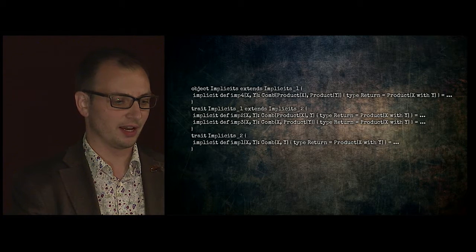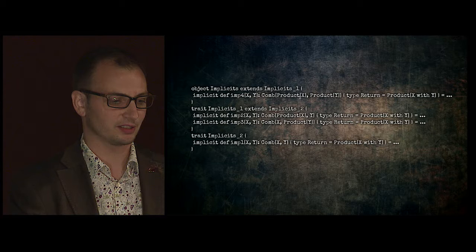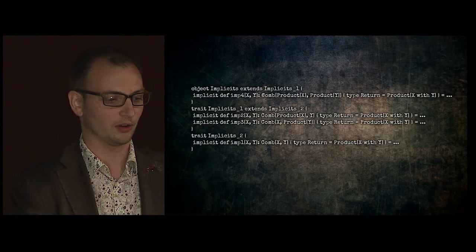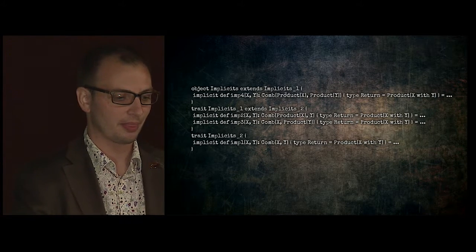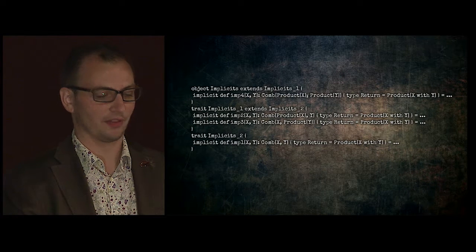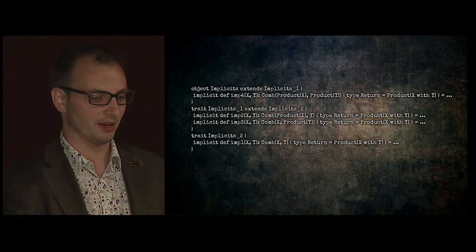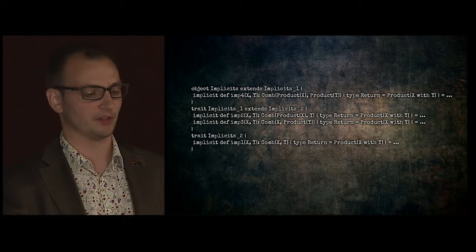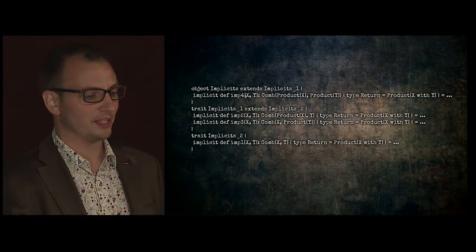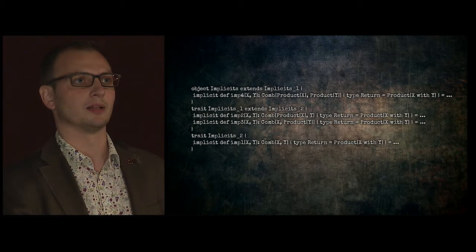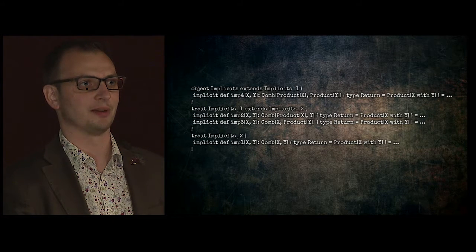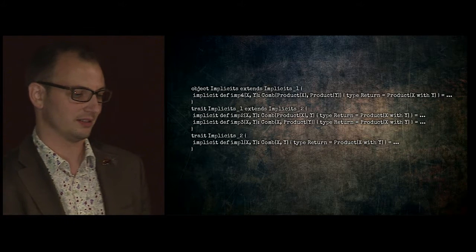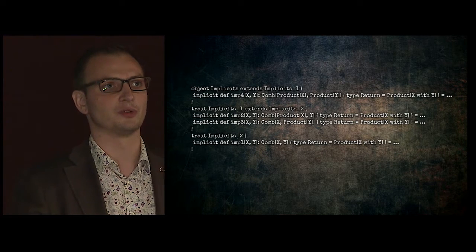So if we go searching for a comb and the types we search for match this type here, product of x and product of y, this is the most specific version, then this imp4 will be resolved. That will be how implicit search finds a parameter to match that type.